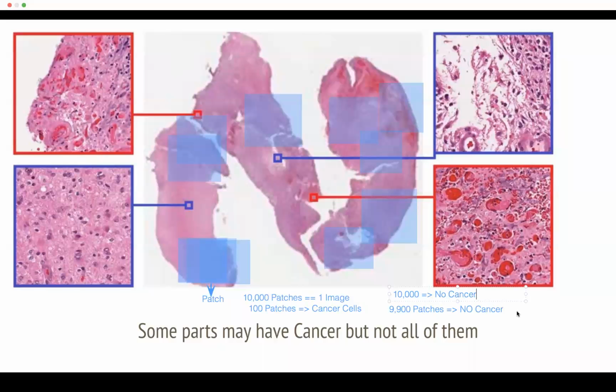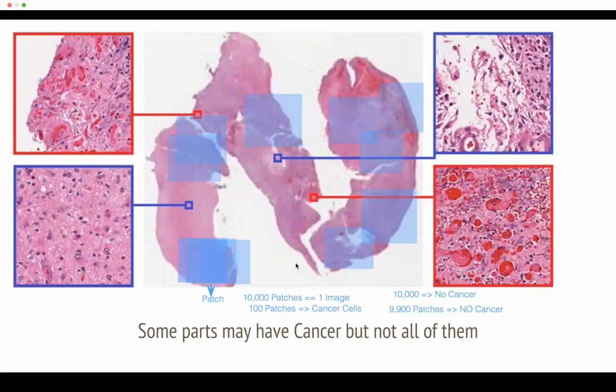So if I collect all the patches from my data set, almost all the patches will not have cancer. You will not have any positive examples, and you won't know which one is which. So it is impossible to train a neural network or deep learning model where you have so much label noise.